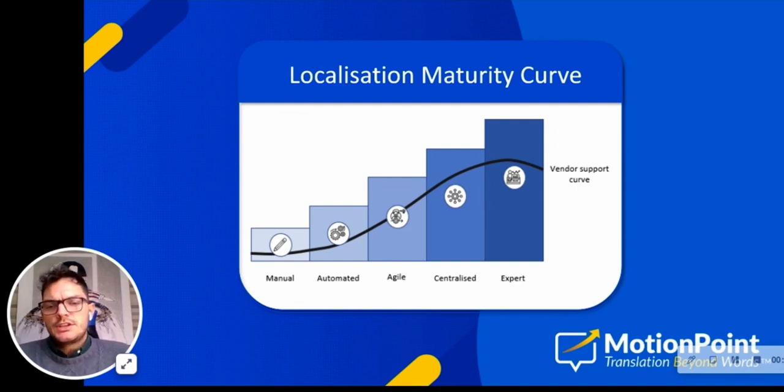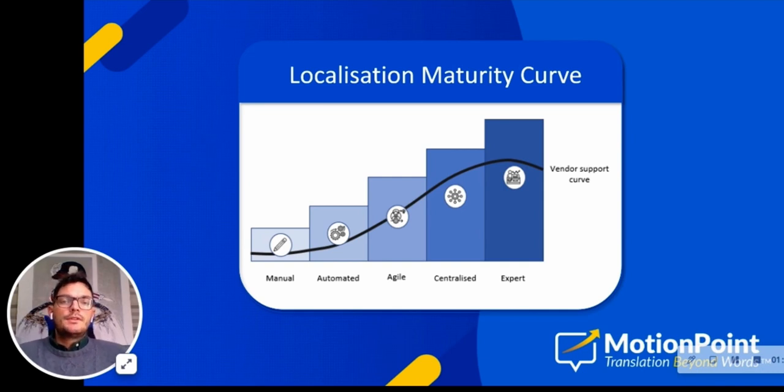So the manual stage is something where you've just begun your localization journey and you're expecting to start selling your product or service overseas. The first thing you do is understand that there may be a requirement for language translations.